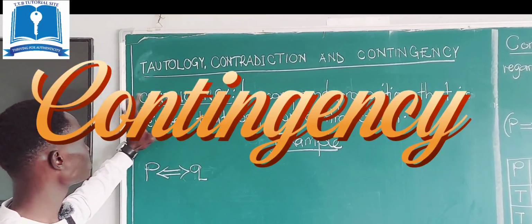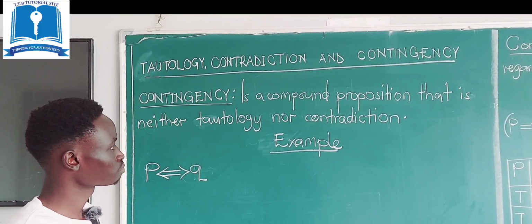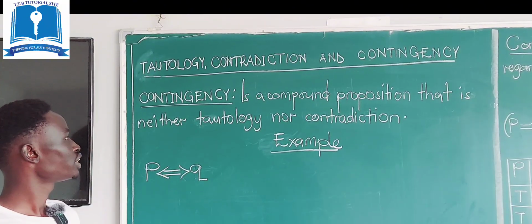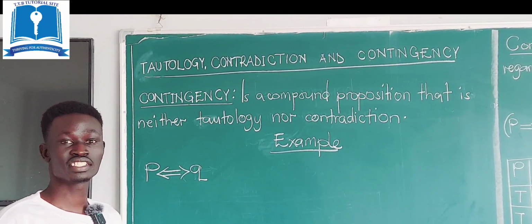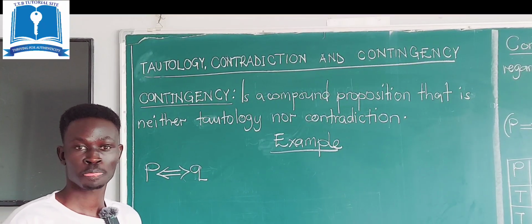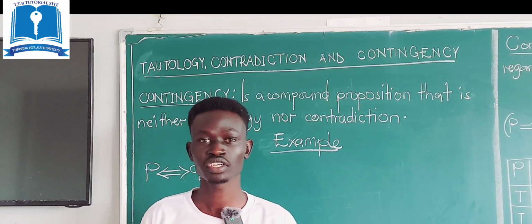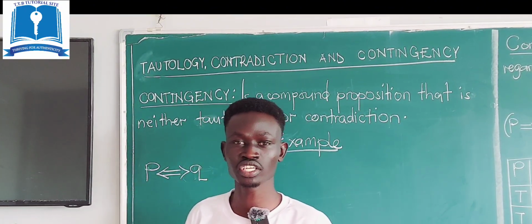Contingency. This is the third among these. So contingency is a compound proposition that is neither a tautology nor a contradiction. As we have seen, in the case of a contradiction, it is false regardless, and for a tautology, it is true.